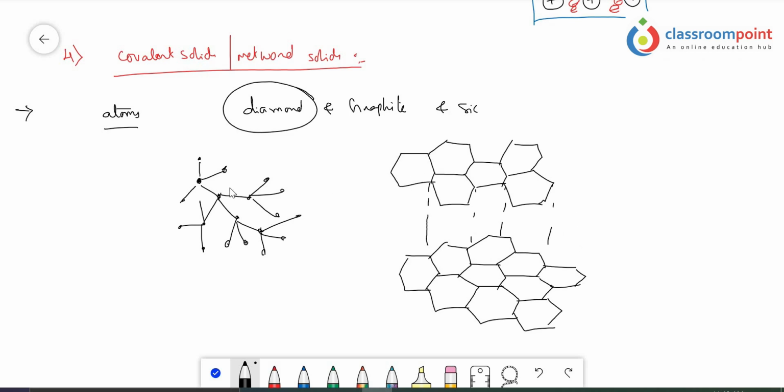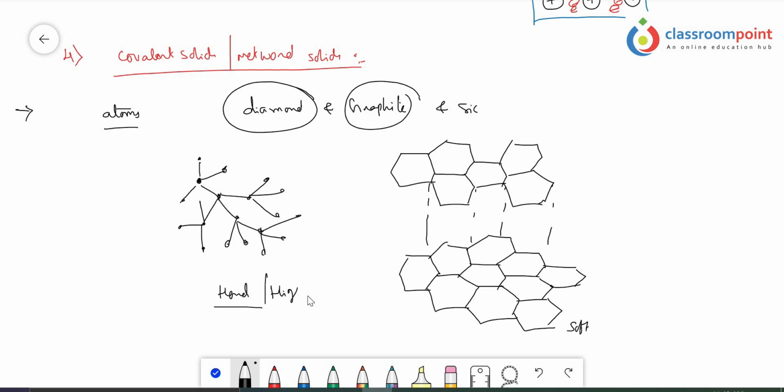In diamond, the atoms are completely connected to each other like a network, so they cannot move. That is why diamond is so hard and graphite is soft. Graphite is an exceptional case among covalent solids.